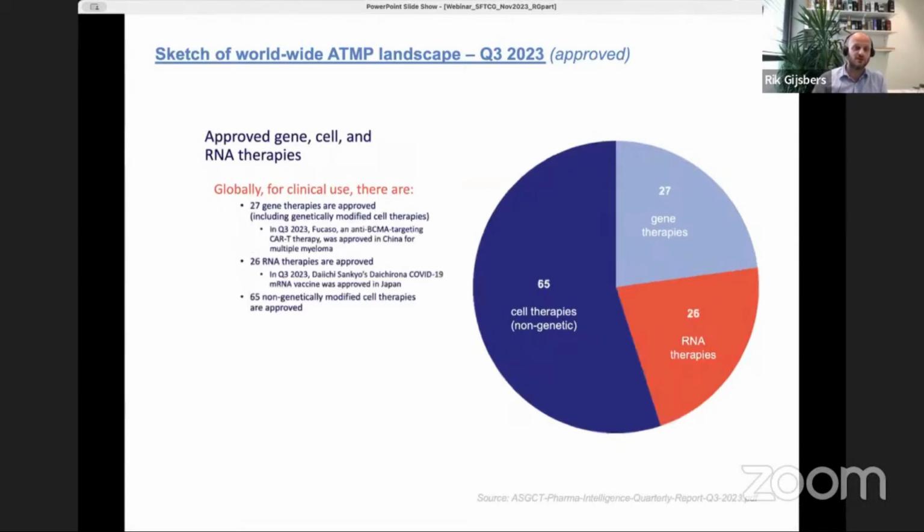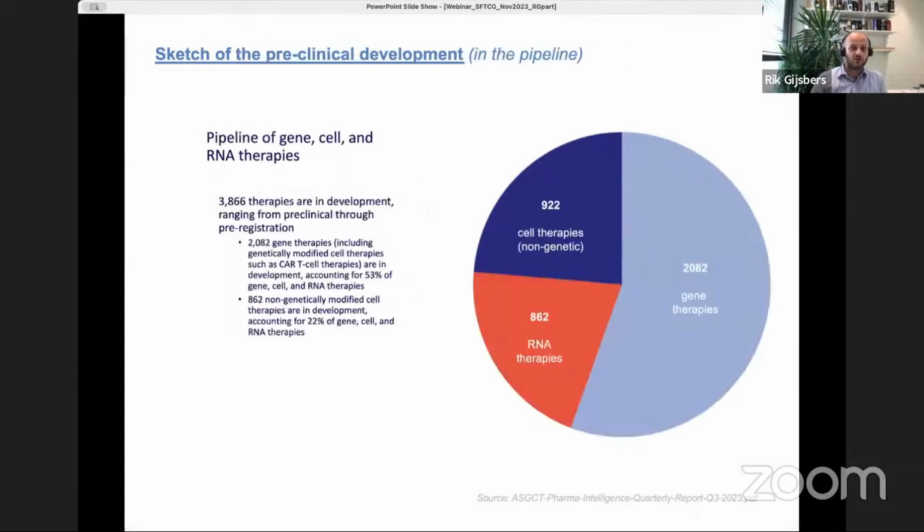This year in Q3, these have risen to 27 gene therapies, 26 RNA therapies, and more than 60 cell therapies on the market. What is more is what is in the pipeline: more than 2,000 gene therapies. Imagine only 10% of these reach the market in the next 5 to 10 years; that will be a tremendous amount of new therapies available to treat patients in need.